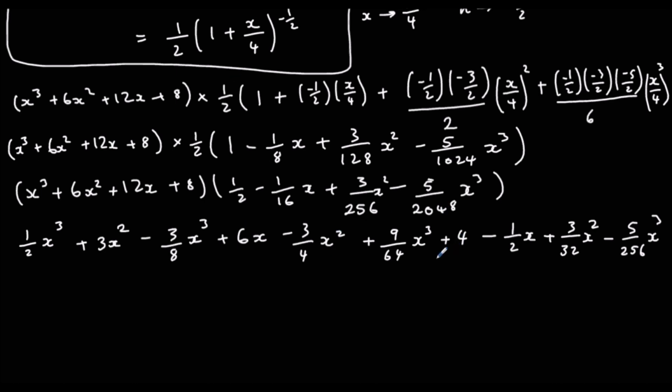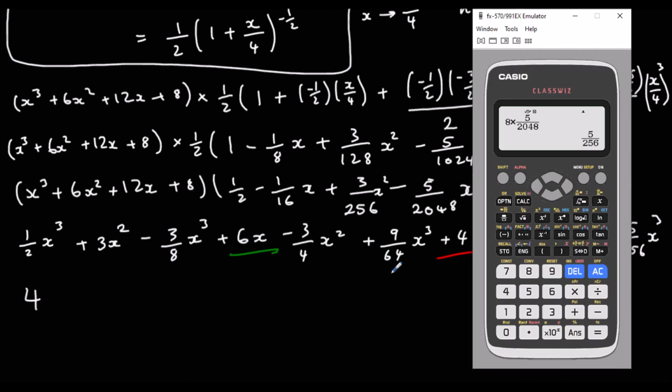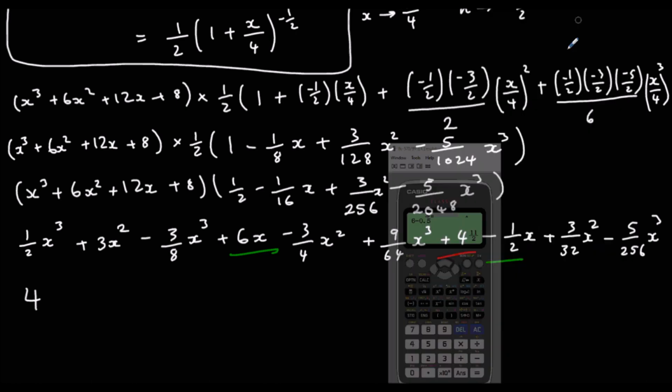So we've got our number, which is just 4. Our x terms, we have 6x minus a half x. So we can use the calculator. 6 minus a half is 11 over 2.